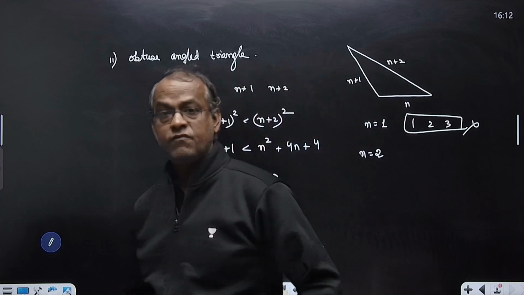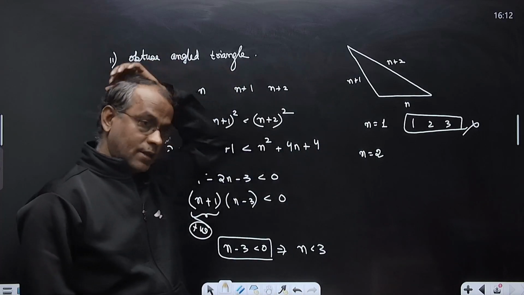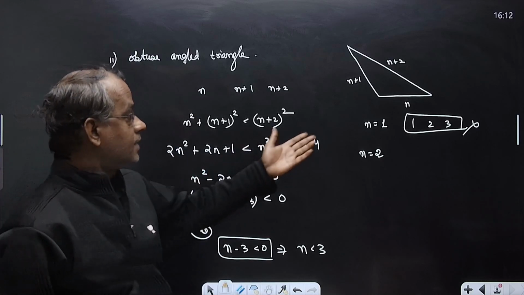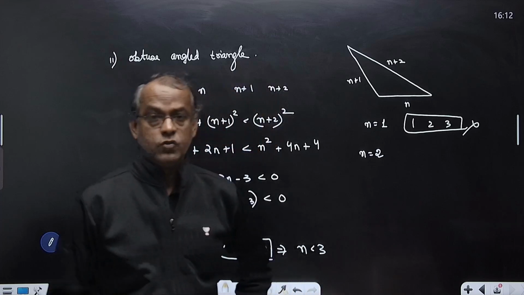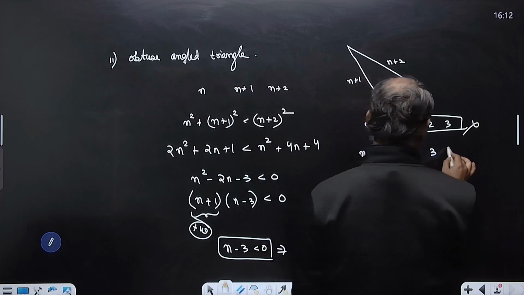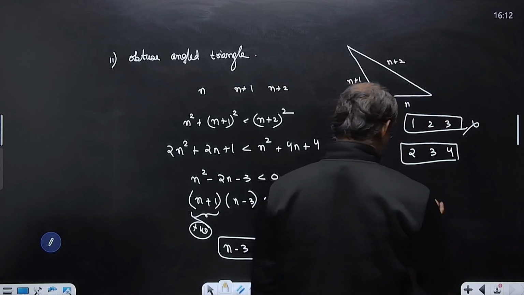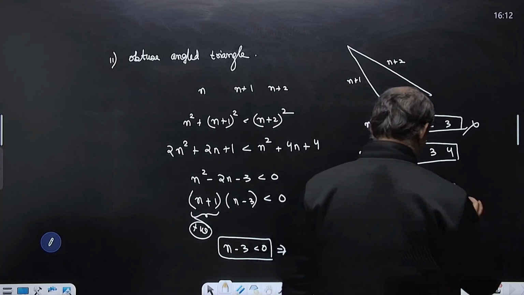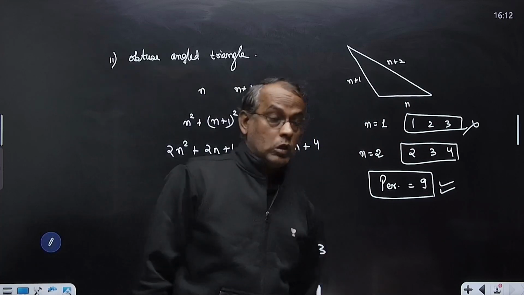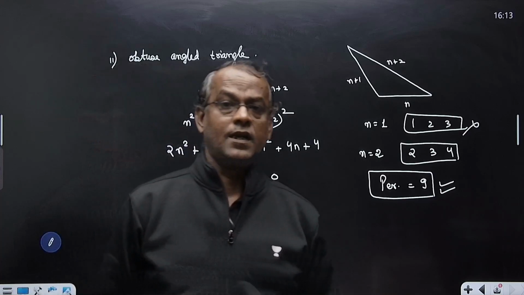Also we have seen that if a triangle with integer sides has one of its sides as 1, then it has to be an isosceles triangle, and we are taking all the 3 sides to be distinct, so n could not have been 1. If it is 2, the triangle is 2, 3, 4, so perimeter is 9.